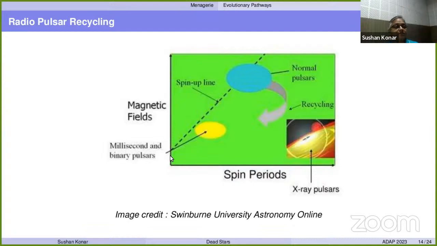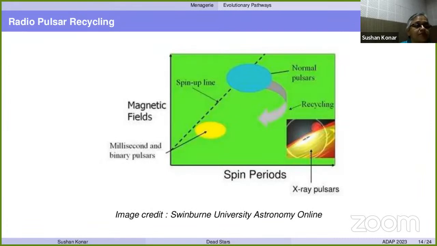So in any of these systems, when the material accretes onto the neutron star, depending on the model of your magnetic field, you can do evolutionary calculation. You can let the magnetic field evolve over time.